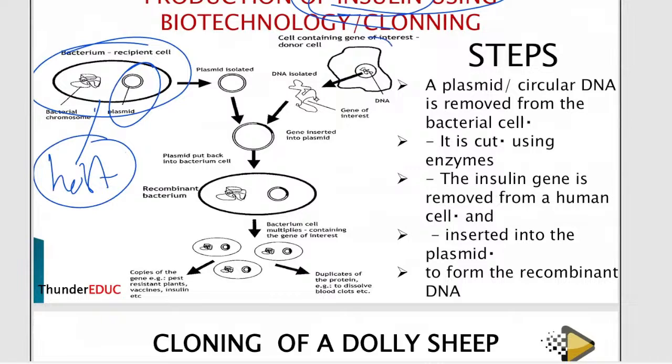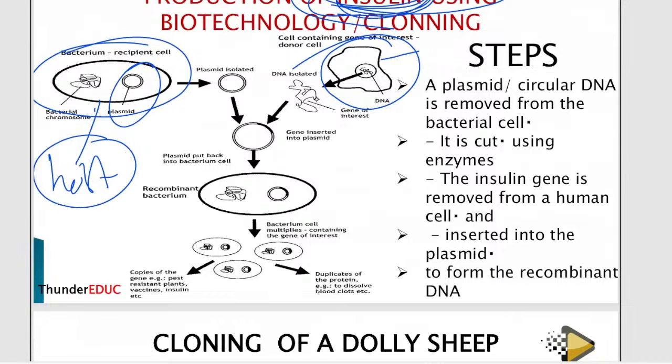Step two, you identify the gene which you want to multiply. For example, the gene for insulin. In this case, you want to multiply the insulin gene.